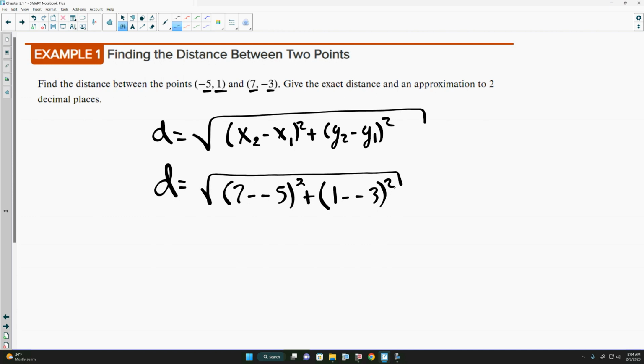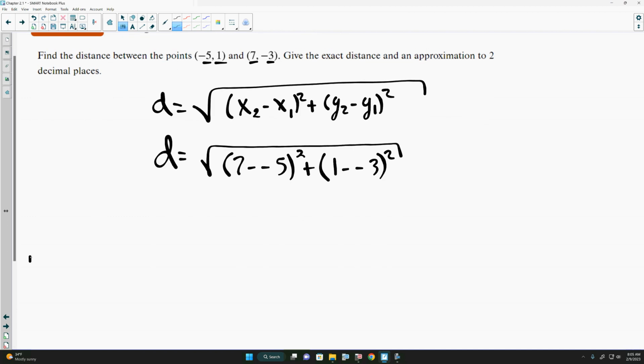Now, I set them up this way, especially if I'm doing this by hand or having to calculate this distance formula by hand. I like putting the negative second. That's mainly because a negative and a negative make a positive.